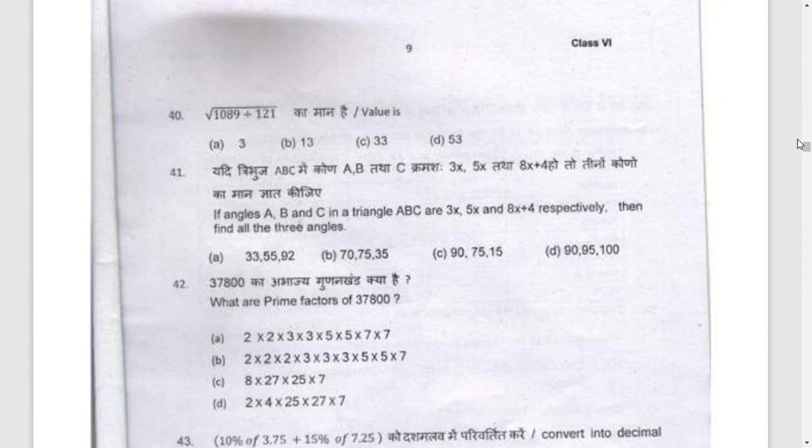Now read the question number 40. Square root of 1089 value is divided by 121 means here you have to divide 1089 by 121.